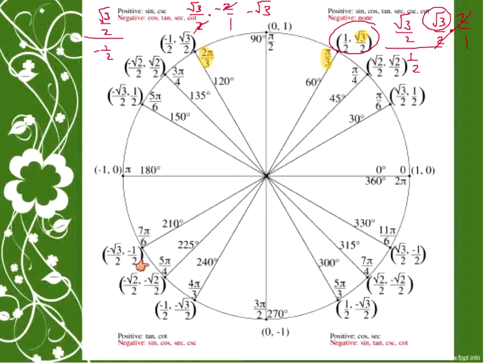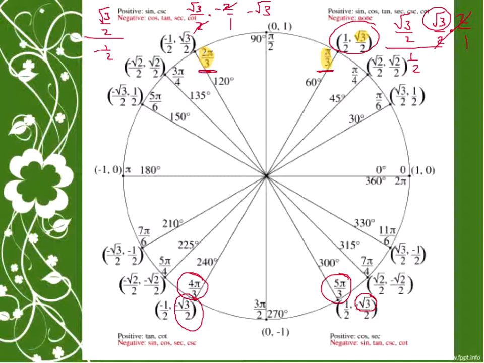Do I have any other places where my y could be a root 3? Here's one. Do I have any other places? Here's one. So I actually have 4 possible options. Oh, wait. Sorry, right here, where my y is a root 3. So I have 4 possible options as my answer.